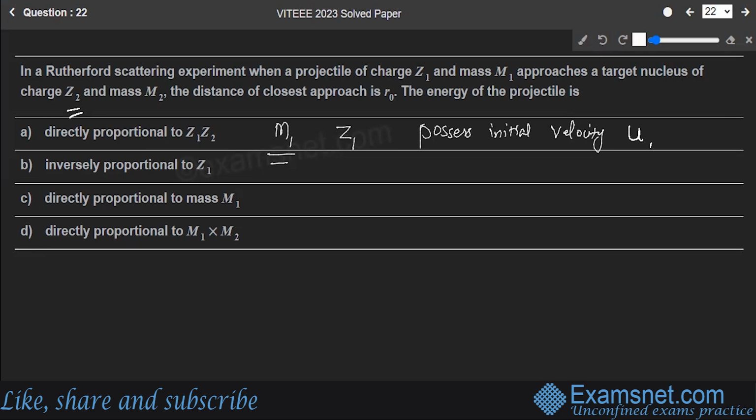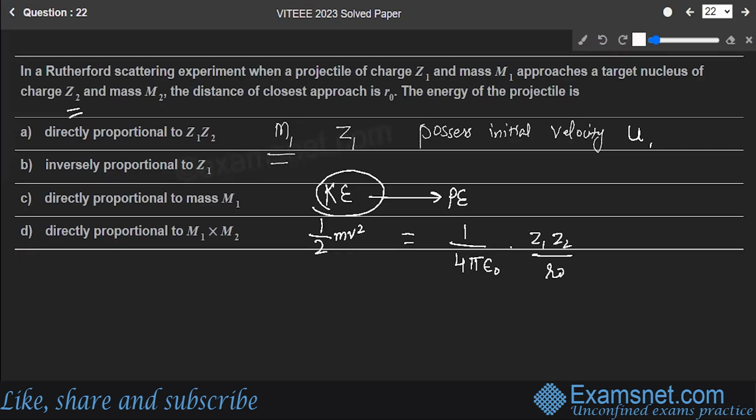Now, at the distance of the closest approach, the kinetic energy of the particle is completely converted into the potential energy. So kinetic energy, which is given by half mv square, this becomes equal to potential energy. This is 1 upon 4 pi epsilon naught into Z1 Z2 divided by R naught, that is the distance of the closest approach.